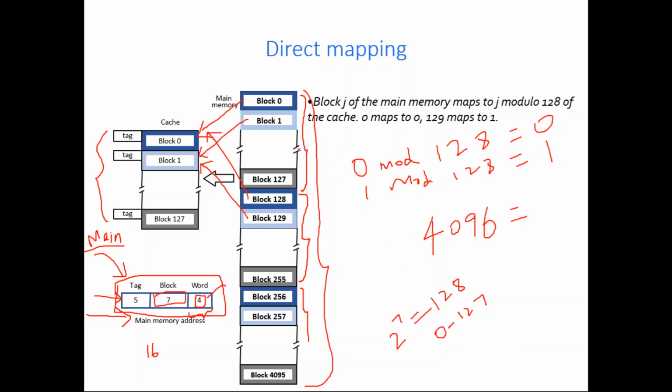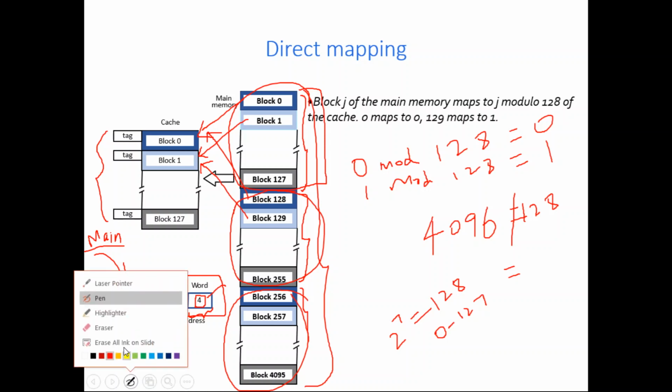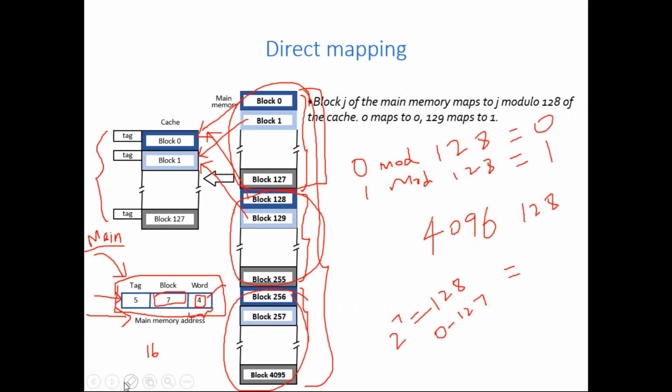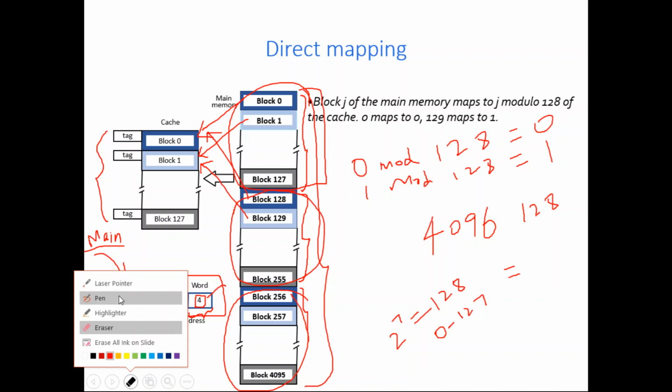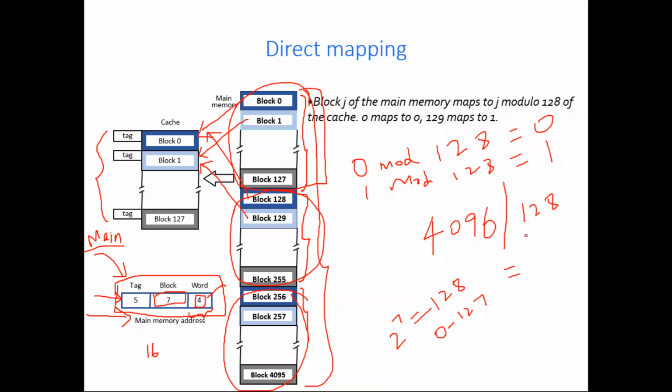Main memory has 4096 blocks in total, so this is the first 128, this is the second 128, and so on. To find how many such groups of 128 blocks there are, divide 4096 by 128. 4096 by 128 is 32. So 32 such groups of 128 blocks are available in main memory.